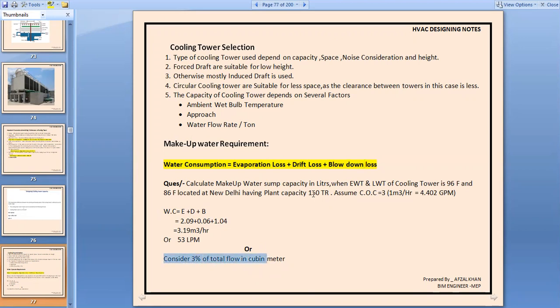Like if I calculate the total flow rate, it is 150 into 3, that is 450. 450 into 0.03 is 13.5 GPM. You can consider this. This is just a thumb rule. For detailed calculation, you can consider the earlier method.